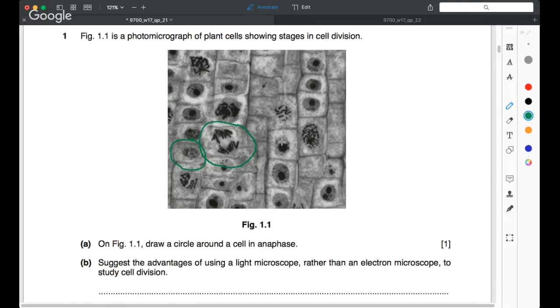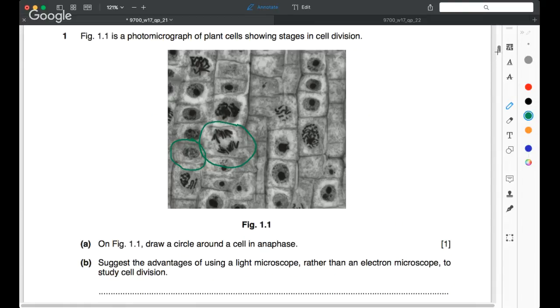And what happens after telophase? Cell division. Yeah. Which is called? Cytokinesis. Good. Perfect. All right. Full marks. Let's move on.